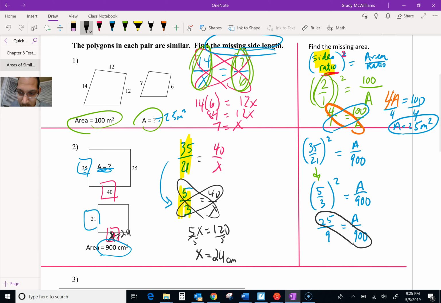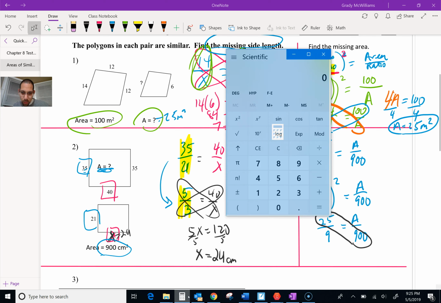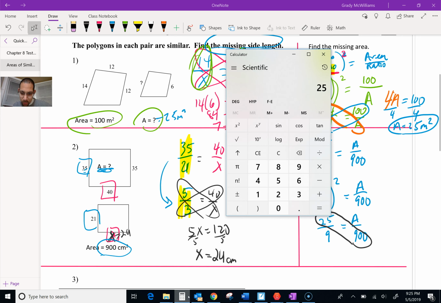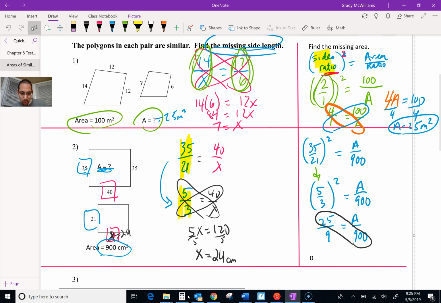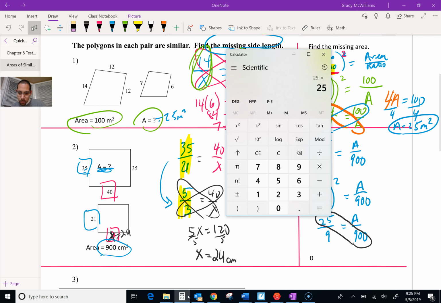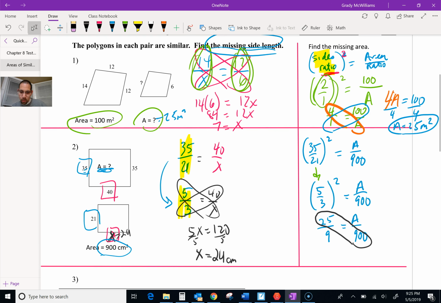25 times 900. Punch it in my calculator. Oops, messed up somewhere. 25 times 900 equals 22,500. And this is 9a.